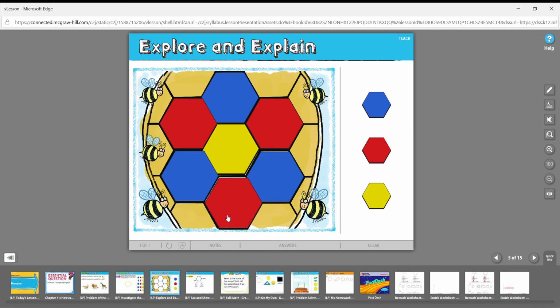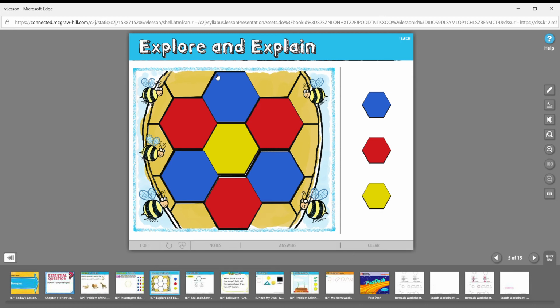Okay, so the directions for the front say, color each hexagon a different color. Count the sides and the vertices and describe the shape using the words sides and vertices. So if I was going to look at this shape right up here, I'm going to count the sides. 1, 2, 3, 4, 5, 6 sides.